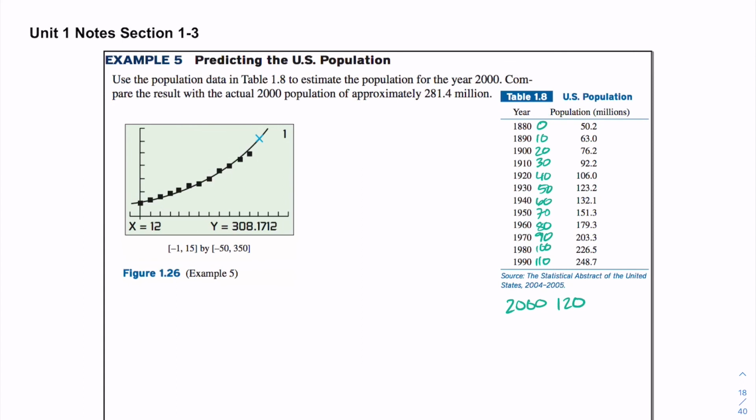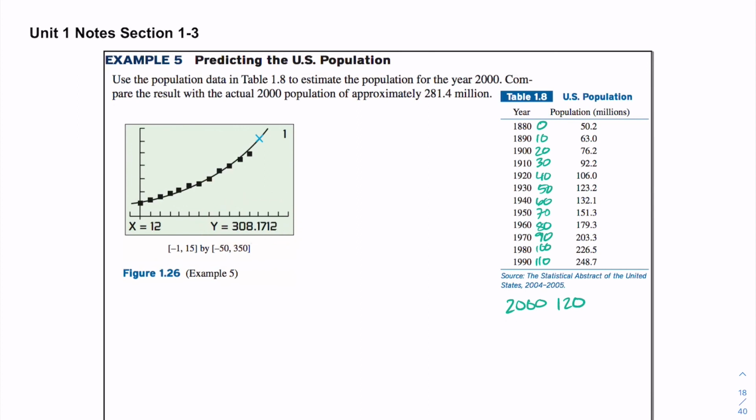And let's see. Oh, you know what? They didn't even use that. They used 12 instead of 120. It's still going to be the same. And when they ran their projection for 2000, using your graphing utility calculator, they get 308.1712.